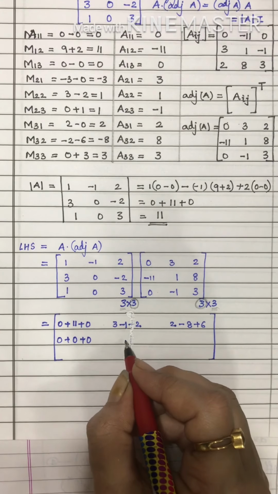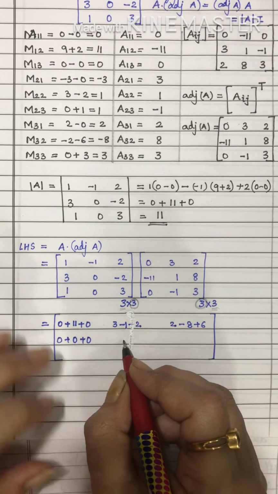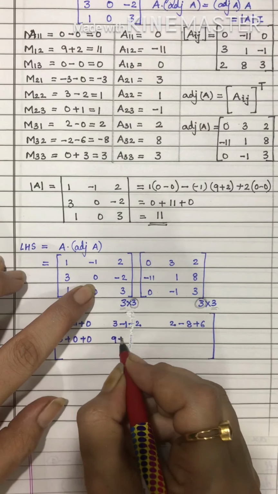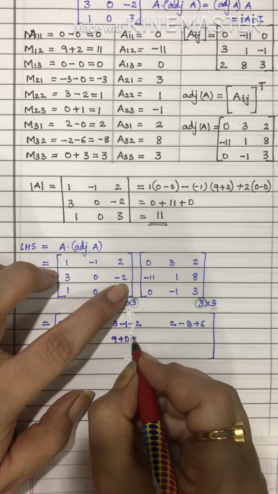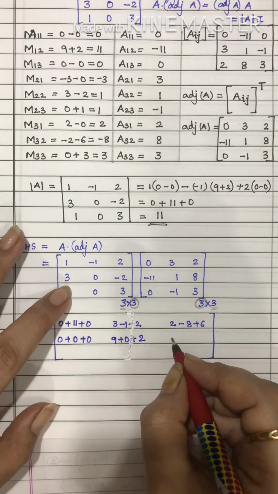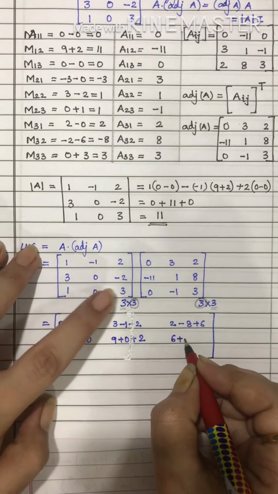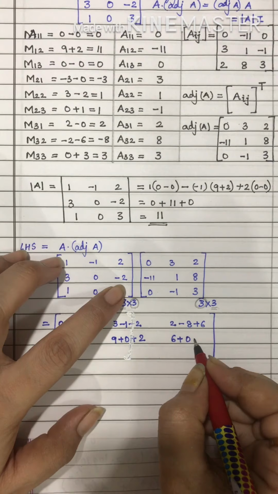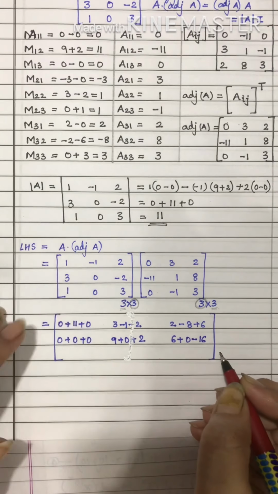This is A22, second row second column. So from here 9 plus 0 plus 2. Then second row, third column, so we get 6 plus 0 plus minus 2 into 8, so minus 16.